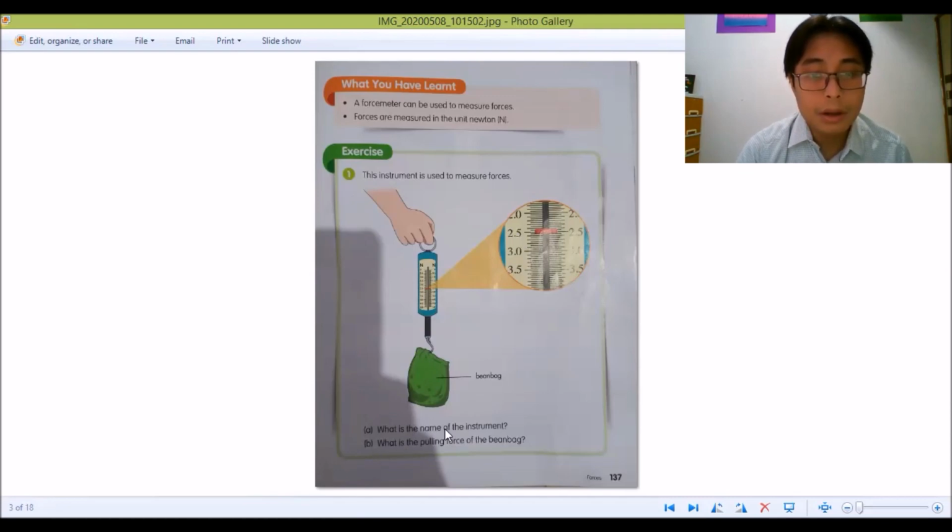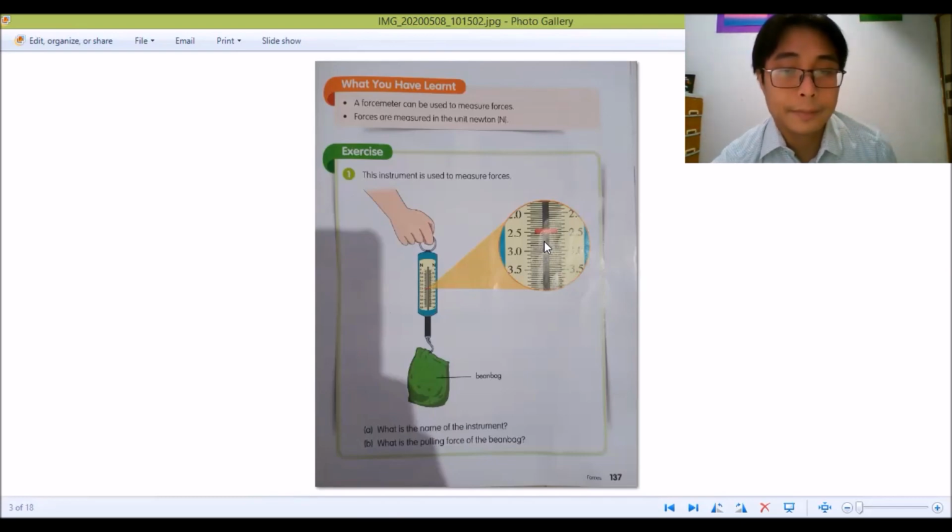What is the name of the instrument? So we call it a force meter. So what is the pulling force of the beanbag? So here we can see that the pulling force of this beanbag is 2.5 Newton. Is that clear?